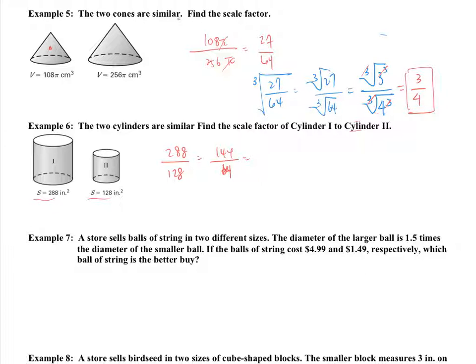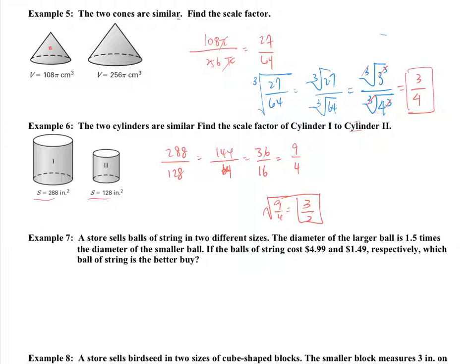And you can still simplify this all the way to 9 over 4. Well, I'm just going to show my work here. And then we have to square root this. So to square root this, we just take 9 over 4, and this will be 3 to 2. That would be the scale factor.